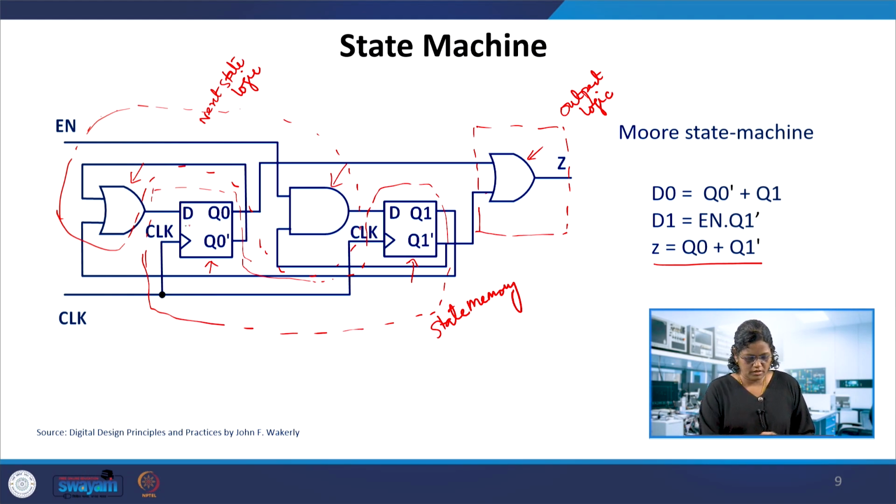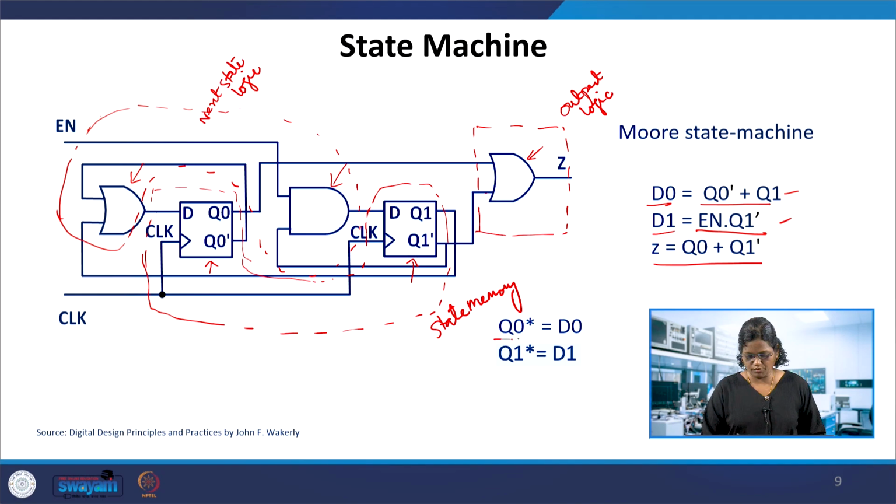What is D0 here? It is getting the signal from Q0 dash as well as Q1. So Q0 dash or Q1 is D0, and D1 is enable and Q1 dash. So enable and Q1 dash gives D1. So here we have the next state equations for D0 and D1, and the output equation Z. From the D flip-flop, what is the characteristic equation?